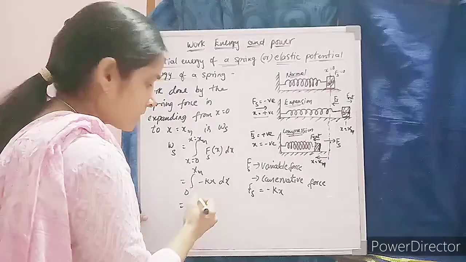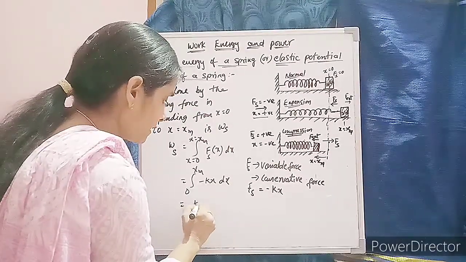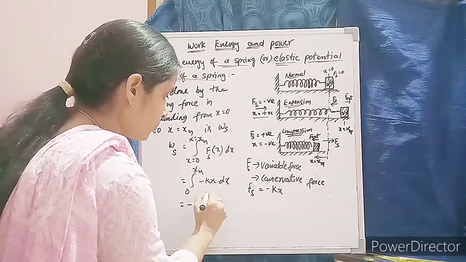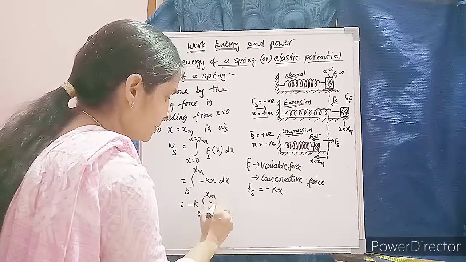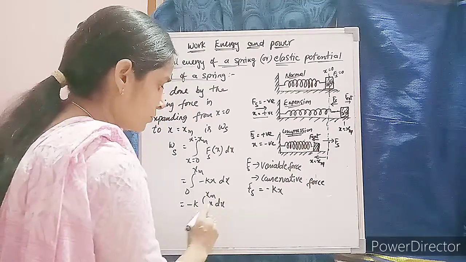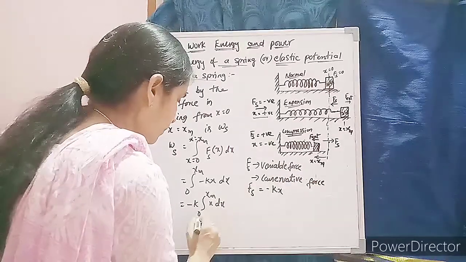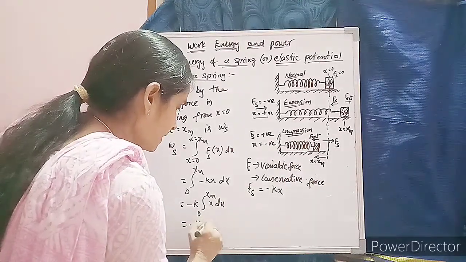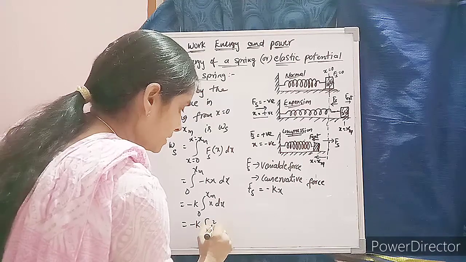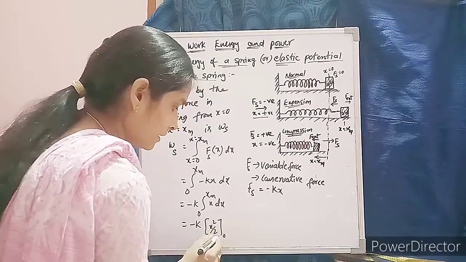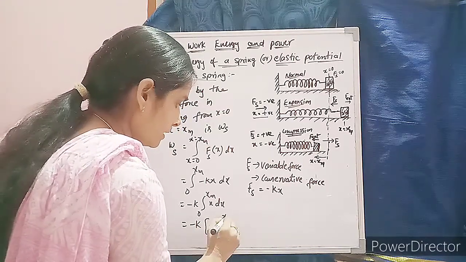So k is the constant, bring it out: minus k, integration from 0 to xm of x dx. The integration of x dx is x square by 2. Now minus k into x square by 2, integrated from 0 to xm.